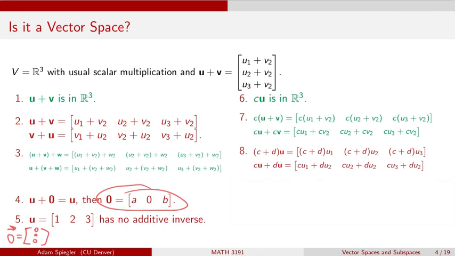And then we have a couple of other properties. The associative property for scalar multiplication works just fine, as well as the multiplicative identity. When I take 1 times u, we haven't changed our scalar multiplication, so we would get u back.